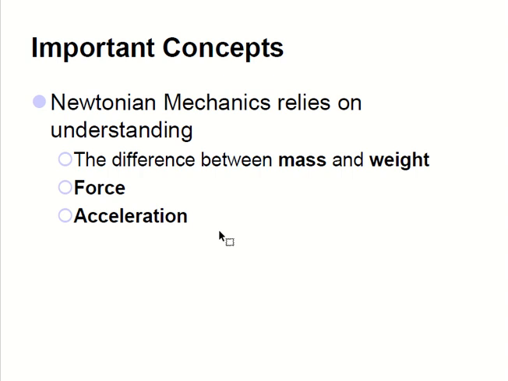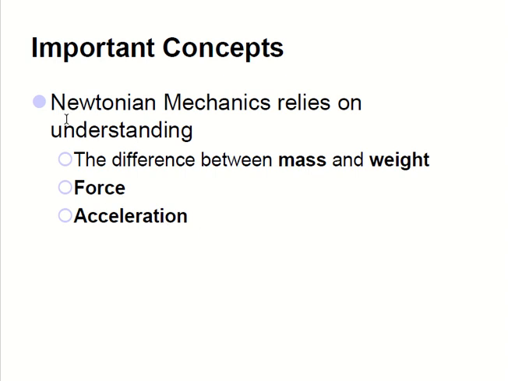Of course, in Newtonian mechanics, the very first thing you have to understand is what is mass and what is weight. You have to understand the difference between them. Then we will of course get into force, and then acceleration.